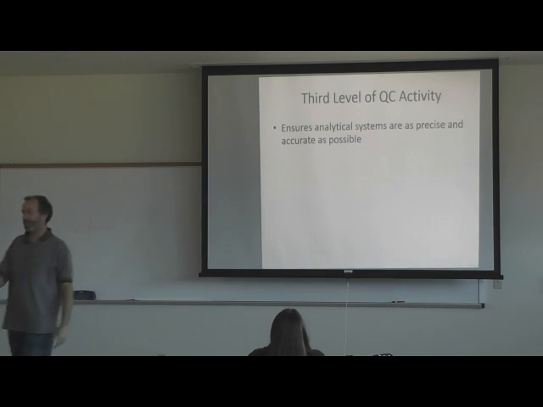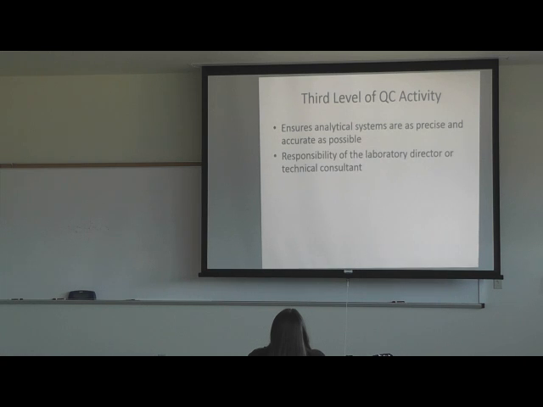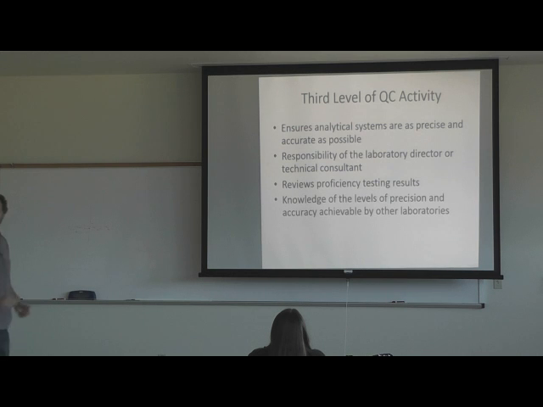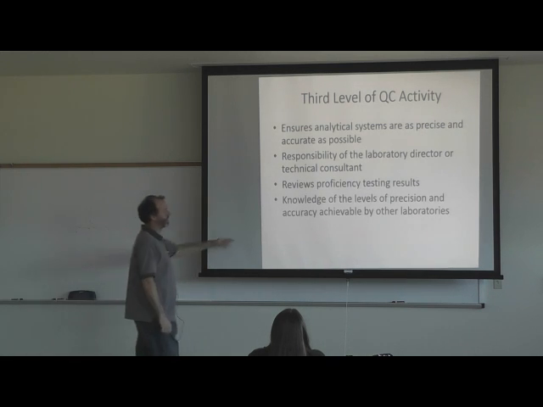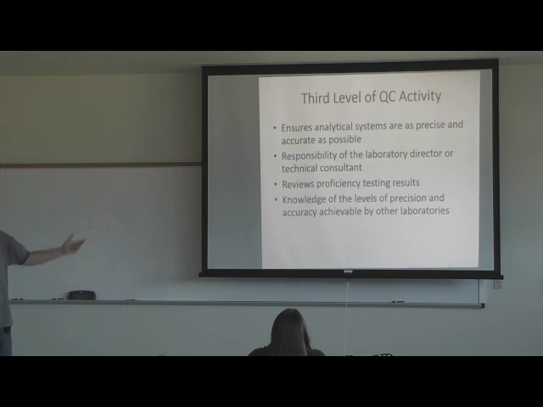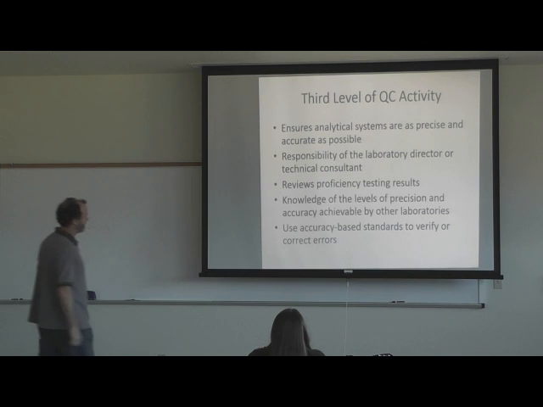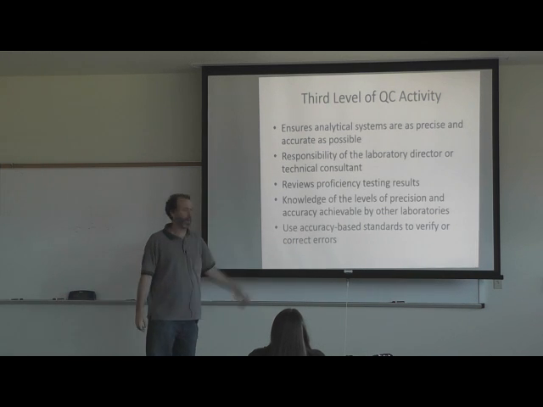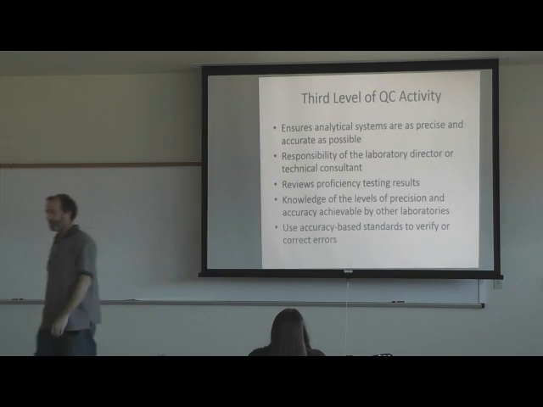That's again the laboratory director or some sort of technical consultant who comes and verifies your machine and reviews proficiency testing results. Knowledge of the levels of precision and accuracy achievable by other laboratories is important, and you get that from proficiency testing, and using accuracy-based standards to verify or correct the errors.